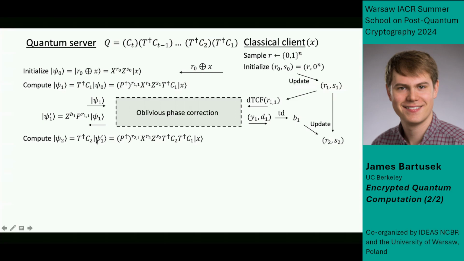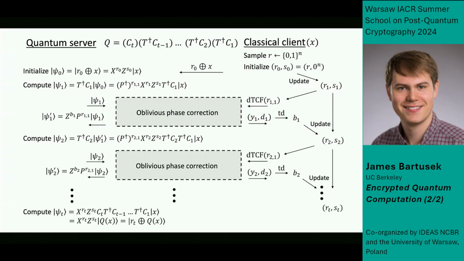Because we're imagining incorporating this B1 into the Z part of the quantum one-time pad, and so the client's operation has to also reflect that. Okay. But then we repeat until we end up with the output, the one-time padded output that can be recovered by the client.